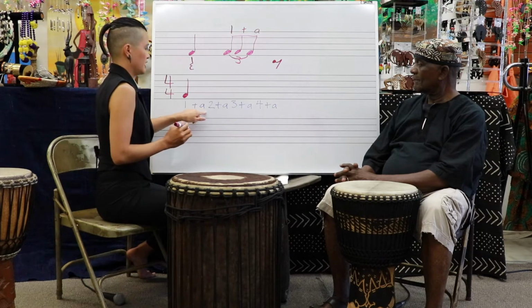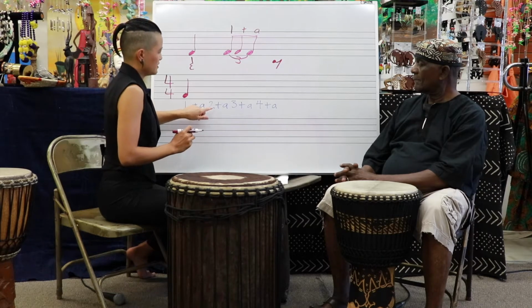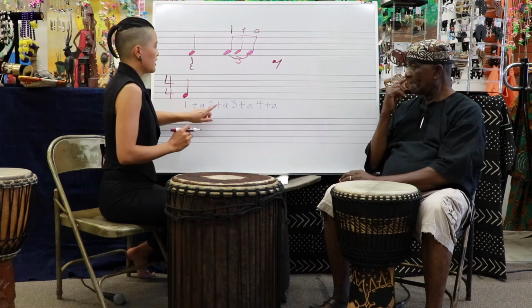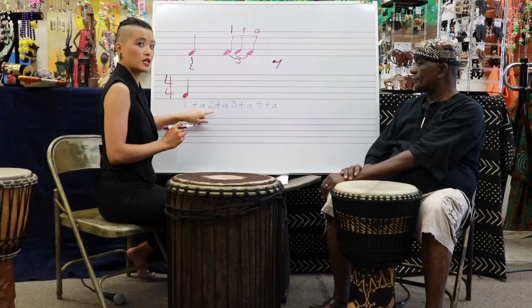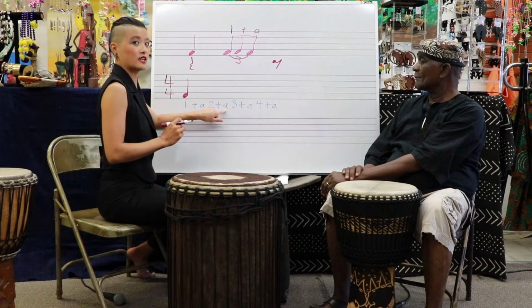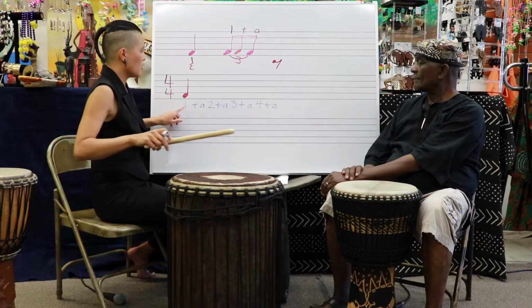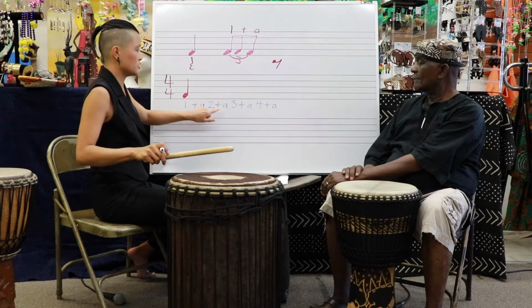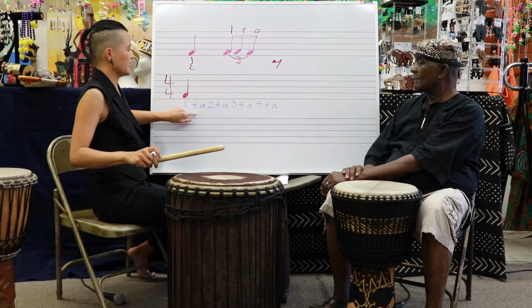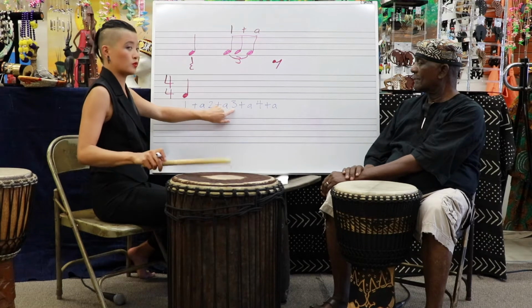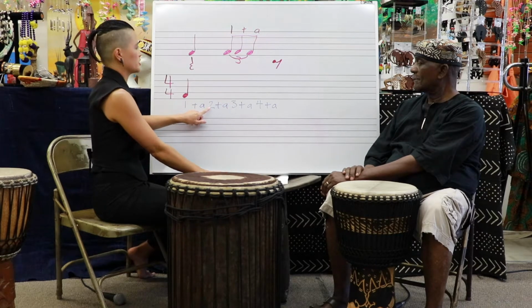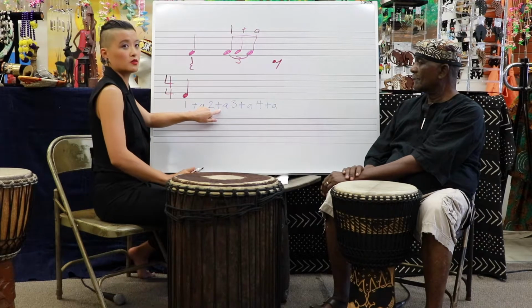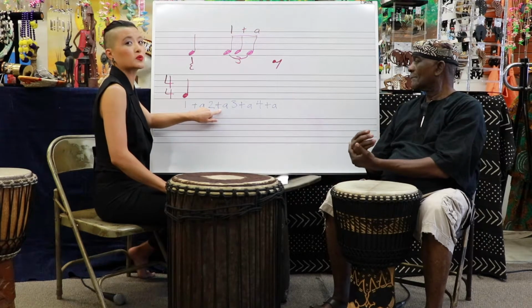Then in 2, you're actually not going to hear a note until the a of 2. So you're hearing 1 and 2 and 3. Let me do that again for you. 1 and 2 and 3. So that means for the 2 and, we actually get a quarter note rest.